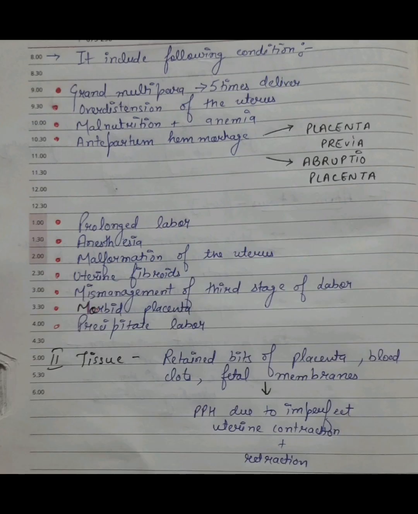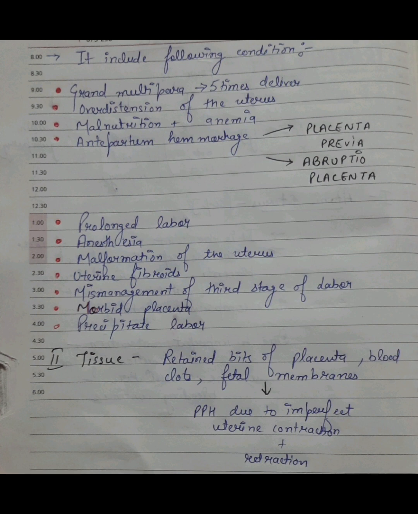Atonic uterus is found in some conditions. For example, it is most commonly found in grand multipara, who delivers more than 5 times, right? So in this case it can be found. Second one is over distension of the uterus.